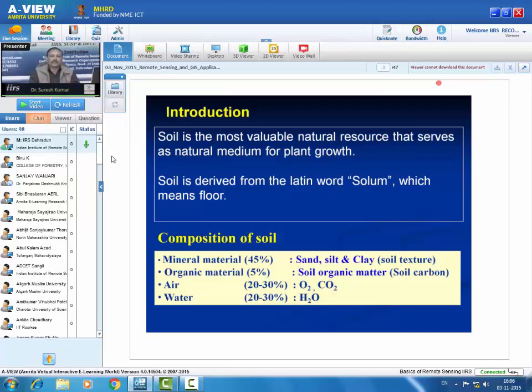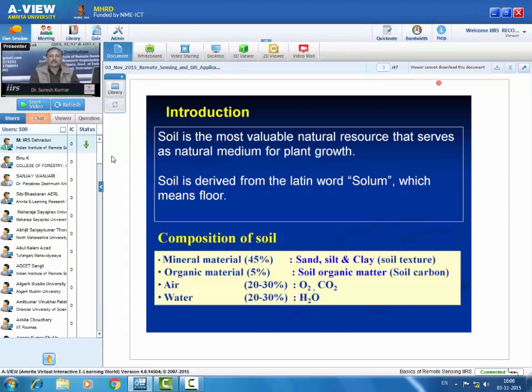If we see the composition of soil, soil is composed of mineral matter 45%, mainly characterized as sand, silt and clay. Second is organic matter, which may be 5% on average, mainly soil carbon.